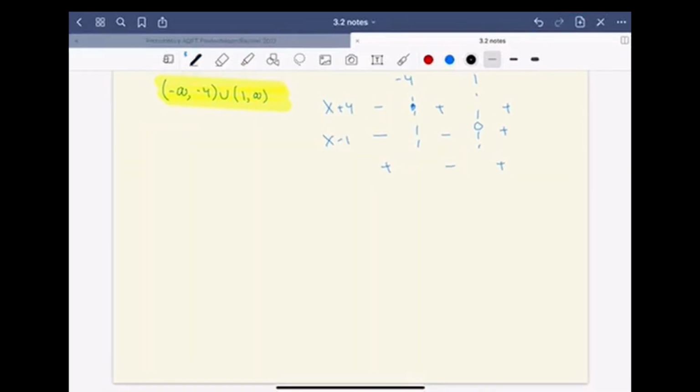Next problem. We're going to graph f of x equals -5 minus 3 natural log of x. Okay, so we're going to do this in pieces.